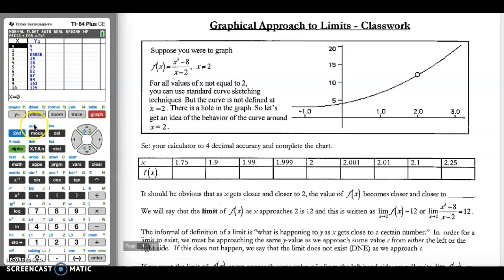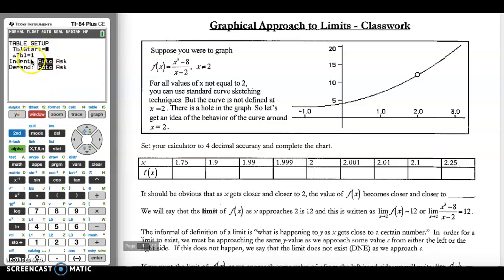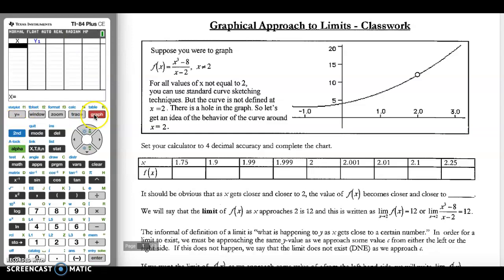We want to ask it very particular numbers. So I'm going to go to my table set, which is right here, and then go down to independent variable because I want to ask my calculator for very specific independent variables, very specific x values. And now I can go back to my table.